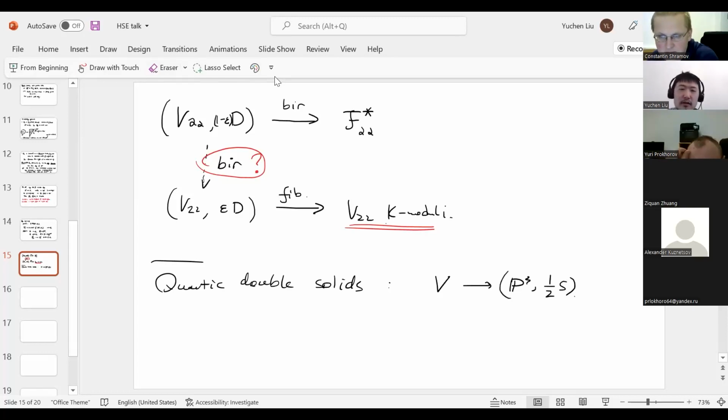Therefore, their K-moduli is actually isomorphic to the coefficient 1/2 K-moduli of the pair case, and we have an explicit description of this. In this case, you have a birational map from the K-moduli of quartic double solids to F4 star, and you know the birational map explicitly.